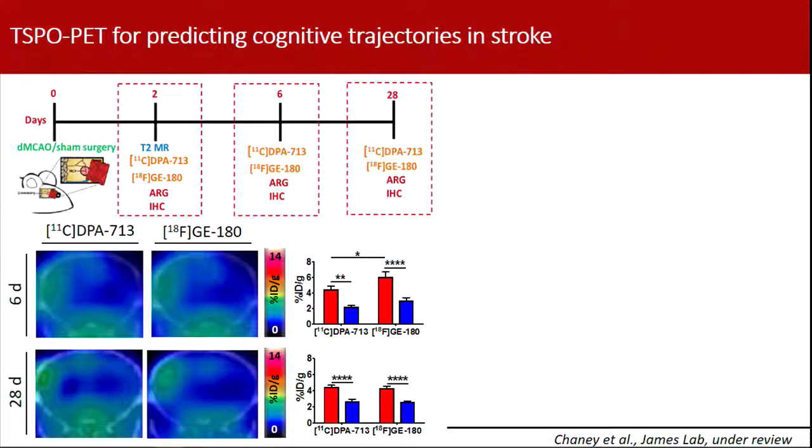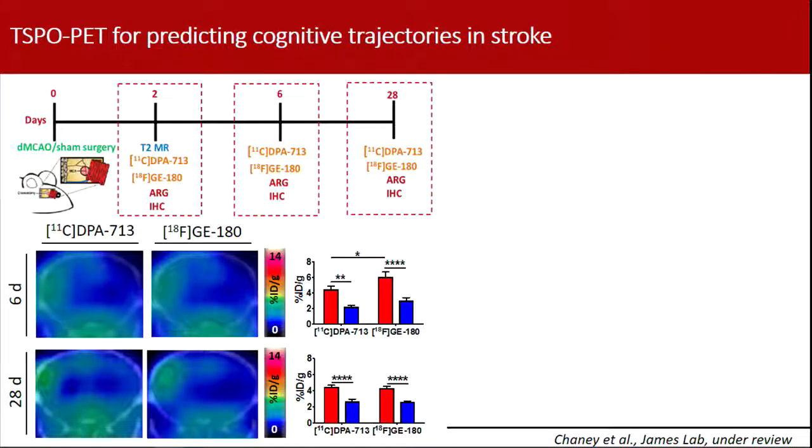And here you can see we have some results from the 6-day time point and the 28-day time point. You can see very clearly where the stroke is. What surprised me is that at 28 days, which is quite a chronic time point, we can still really clearly see where that neuroinflammation is occurring.